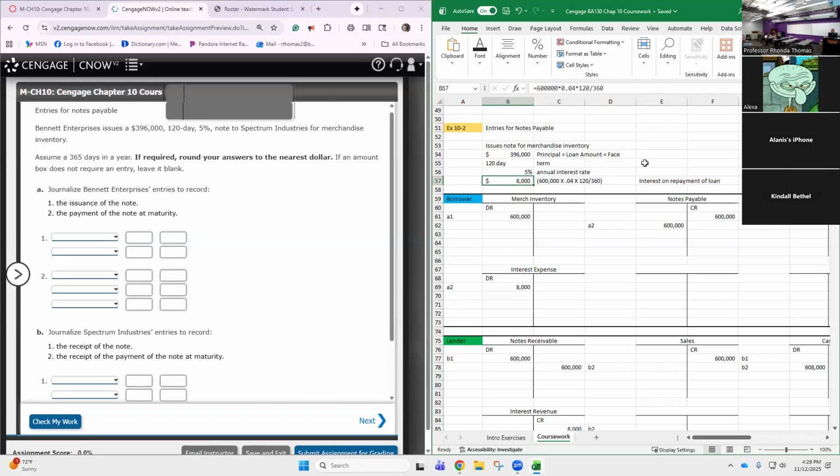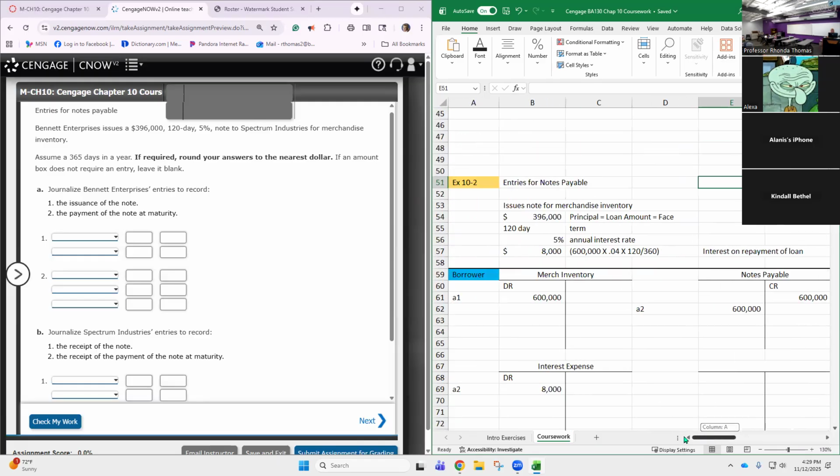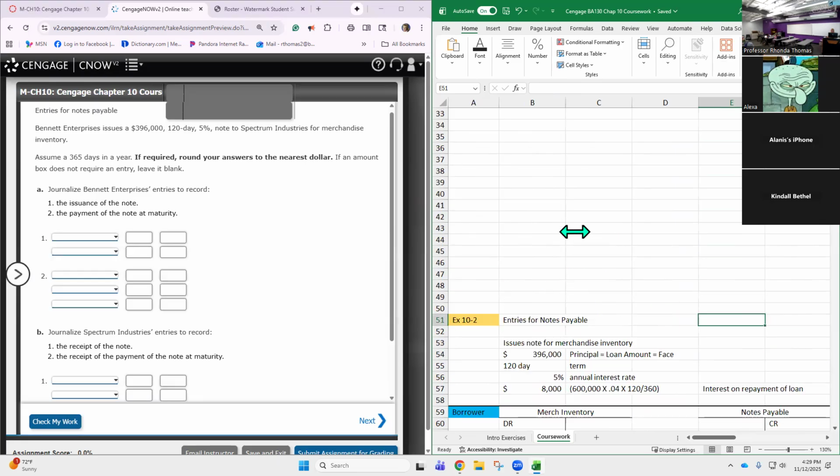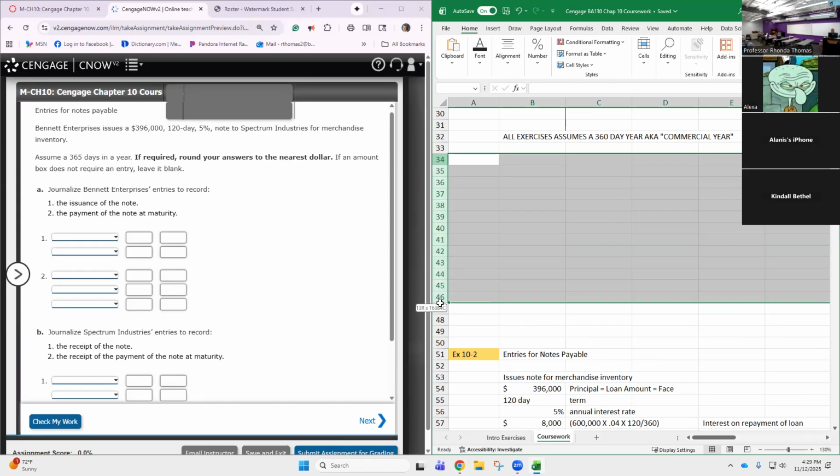Okay, so now I'm going to teach you how to calculate the interest on any note. The interest on any note. So I'll put this in my spreadsheet here. All right, so here's kind of the formula basically, and we are going to use a 365-day year.